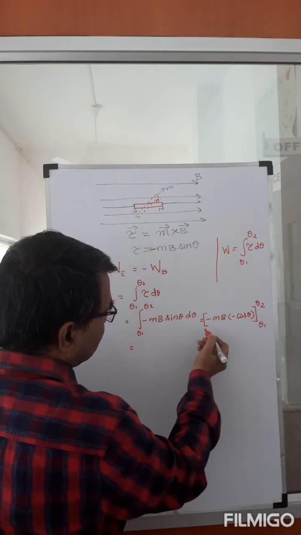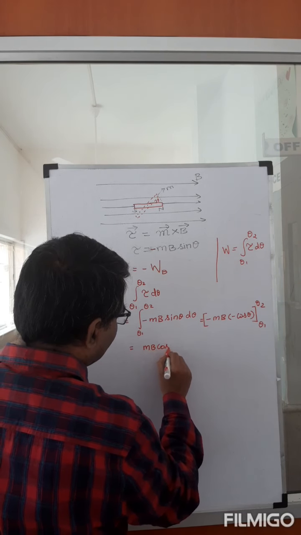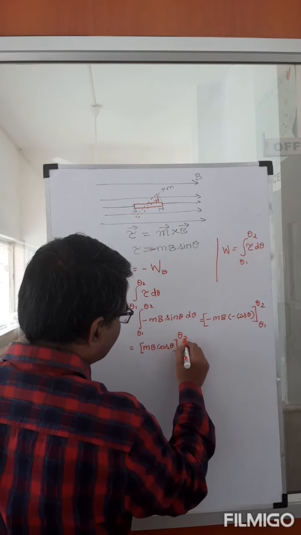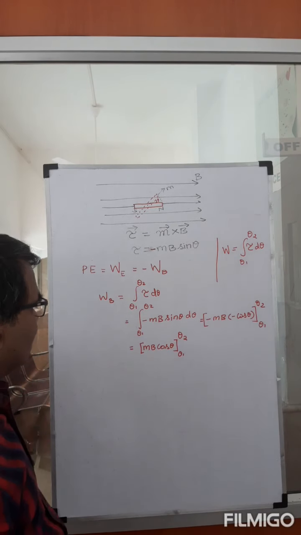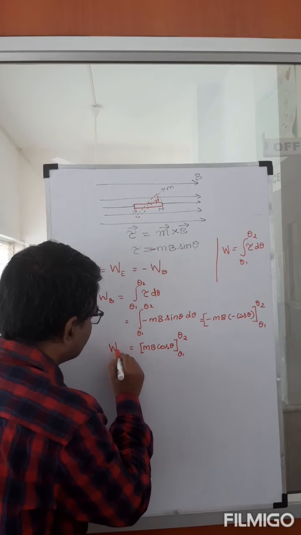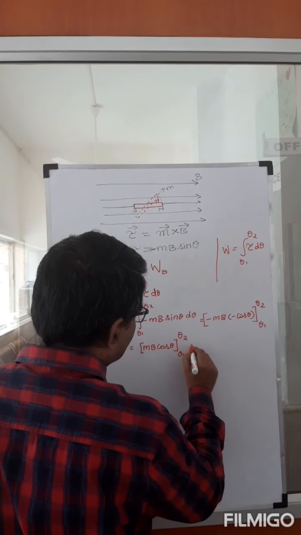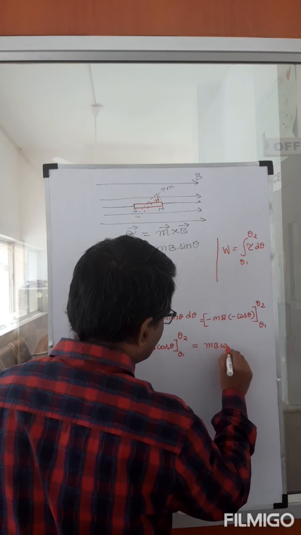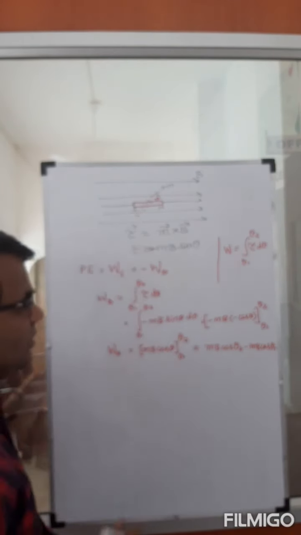You get mB cos theta from theta 1 to theta 2. Okay, so this is the work done by the field. If I expand it, what do you get here? mB cos theta 2 minus mB cos theta 1. When you apply the limits, this is the final result.